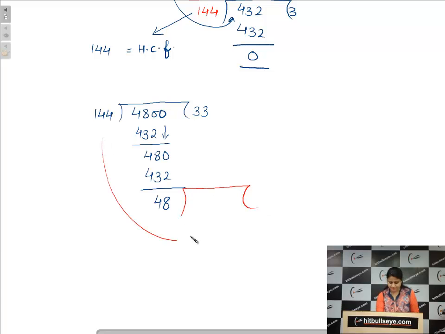Once again, the old divisor will become the new dividend. Since we are getting a remainder of 0, the latest divisor, which was 48, is the answer in this case. So we have performed division twice. Now the next question.